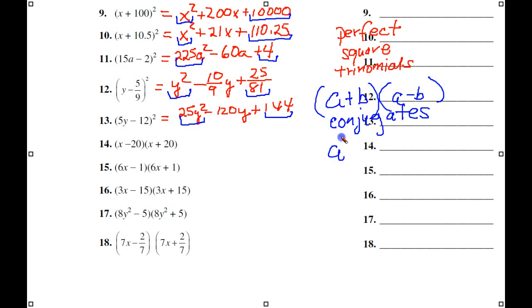We get a squared minus ab plus ab minus b squared. Now you notice as you do your outers and your inners, they're the opposite of each other. So this ends up as a squared minus b squared. This is the product of conjugates, is the difference of perfect squares.